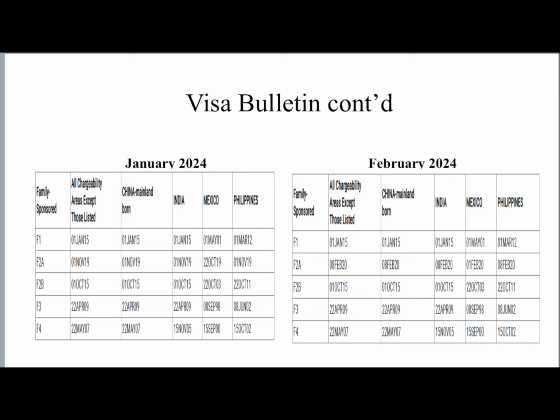So the last time letters were issued for the F category was January 1st of this year, and the DQ dates were all over the place depending on the different categories. But as I mentioned earlier, the DQ date is not the most important date. It is important, but not the most important, because you can be documentarily qualified.